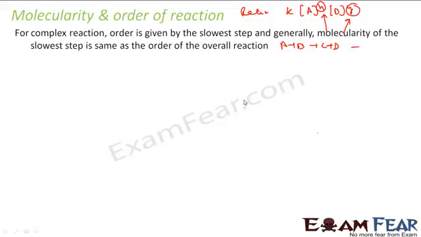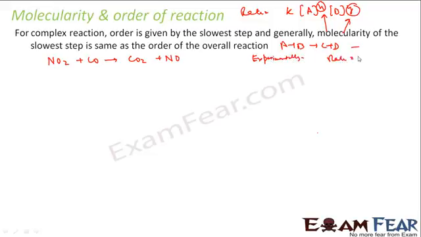So let's take one example of a reaction. NO2 plus carbon monoxide gives carbon dioxide and NO. Experimentally, it has been seen that rate is equal to k [NO2]^2.